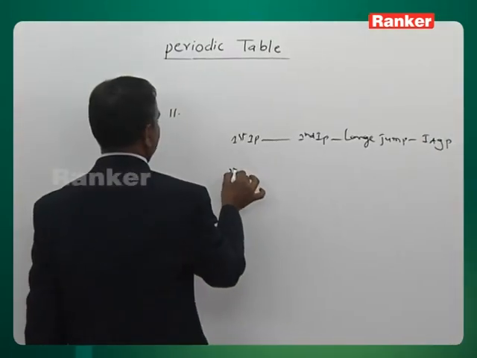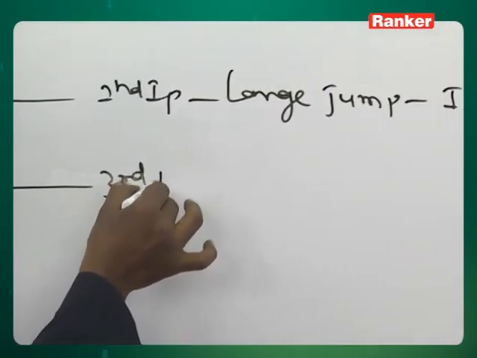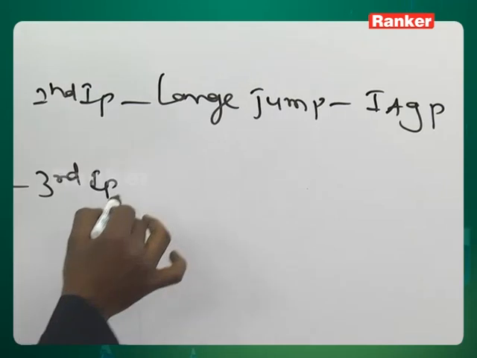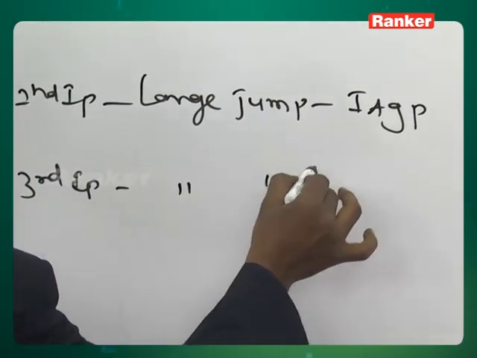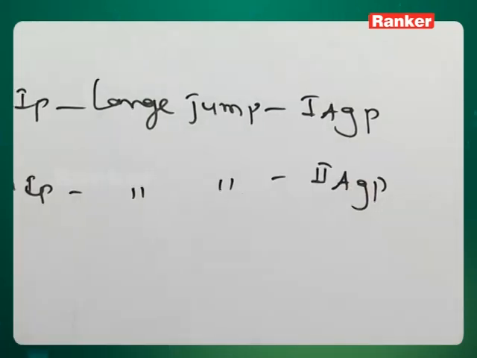Now, second IP to third IP you talk about, suppose a large jump is there, that will be a second A group element.